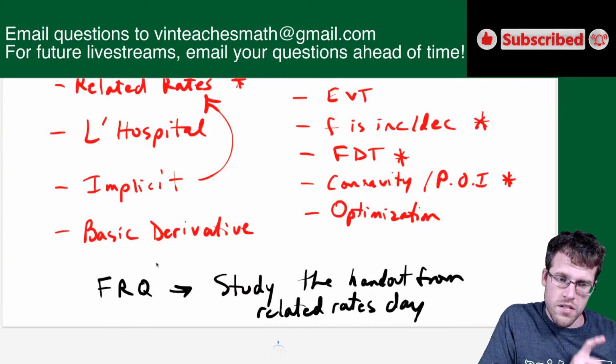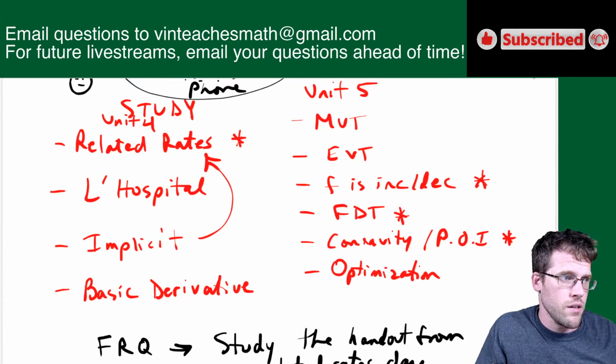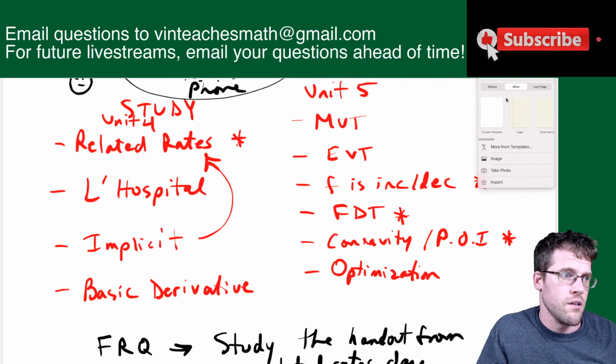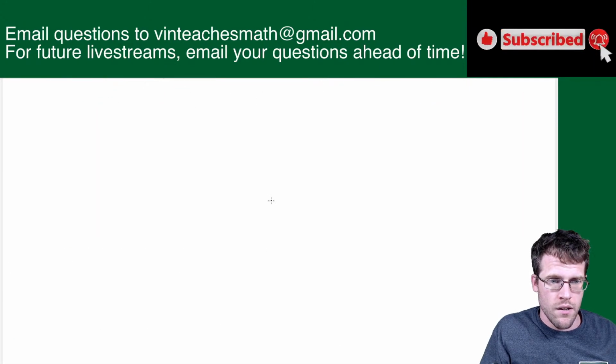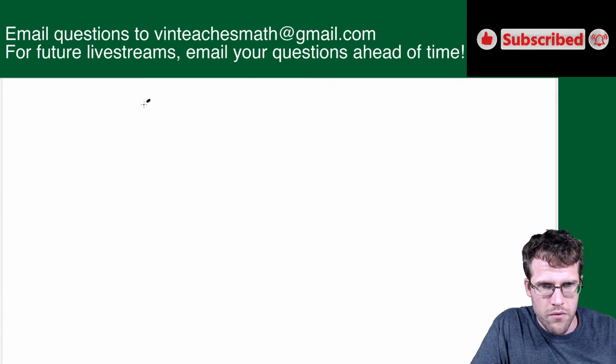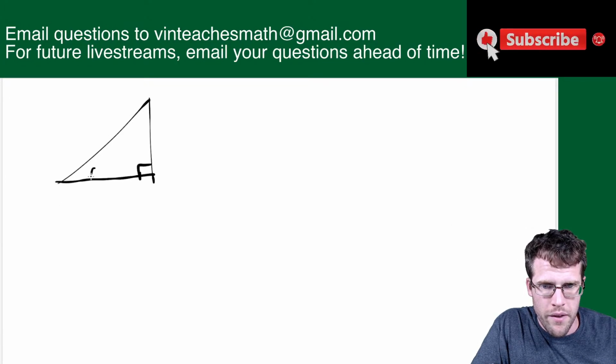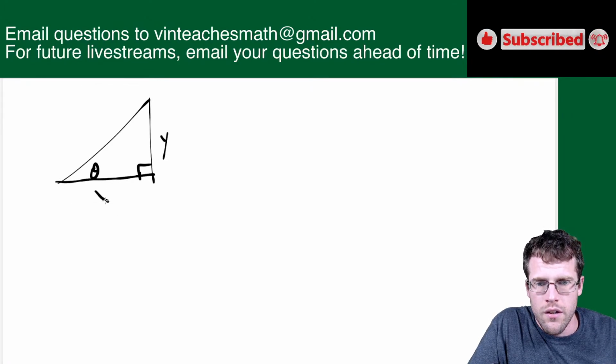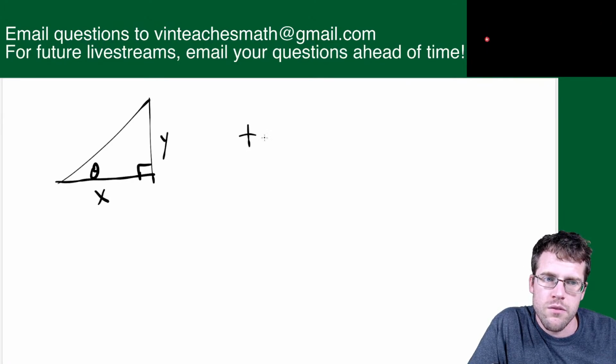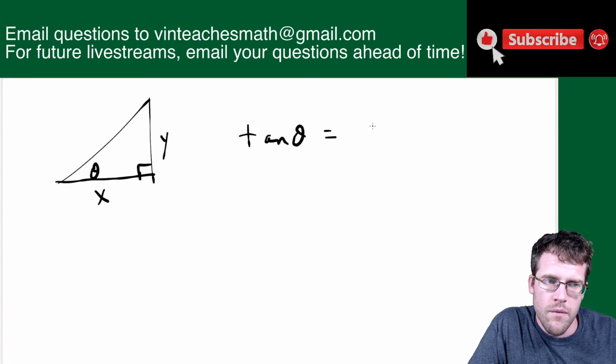But one tip I will give: today we looked at a situation where we had a right triangle and we had theta, and if this was y, this was 100. You may get a scenario like this where you have to know tangent theta equals y over x.